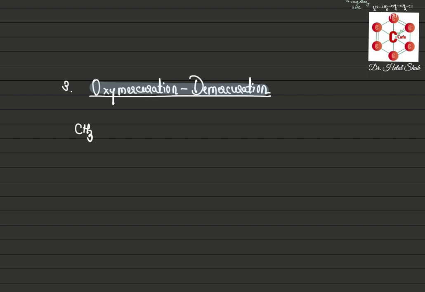Again, if you take an unsymmetrical alkene, right, and we perform 2 steps. First step is addition of HgOAc twice. This is called oxymercuration. Now, OAc, what is OAc? Ac here would be COCH3.